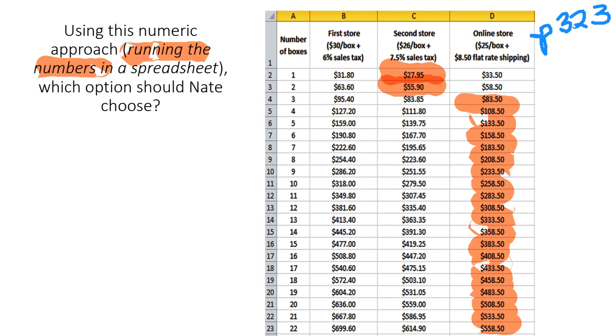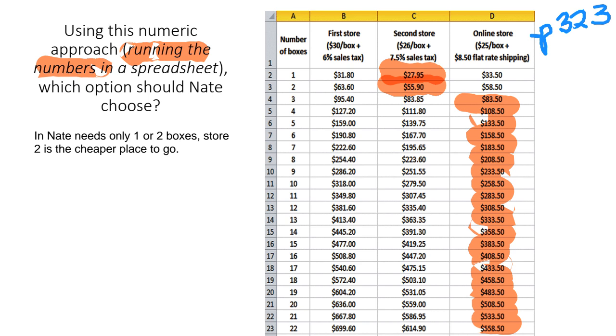Now, to answer this question, we have to have sentences. So read the sentences very carefully. If Nate needs only 1 or 2 boxes, store 2 is the cheaper place to go. That takes care of row 1 and row 2, but we got all those other rows.